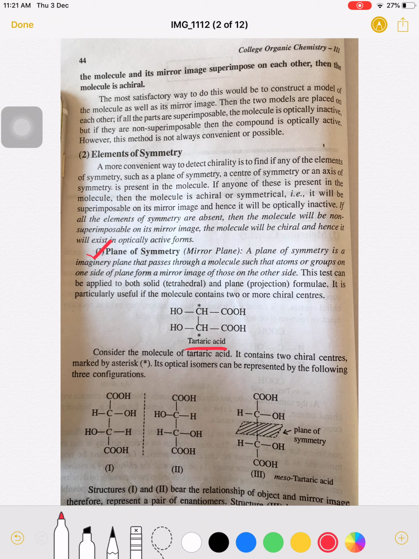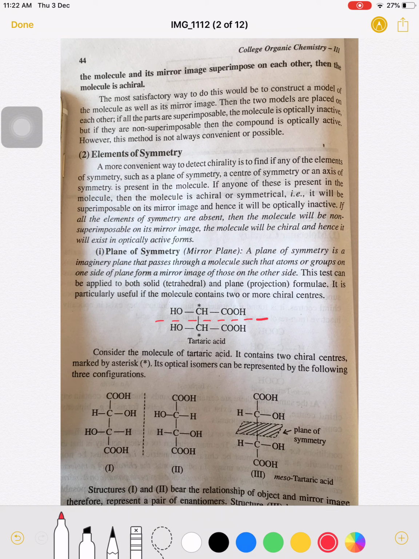Now see this tartaric acid molecule, CHOH, COOH. If I draw an imaginary line in between this molecule, and after drawing it, the atoms or groups of the molecule on one side and the other side are the same, then that molecule contains a plane of symmetry.